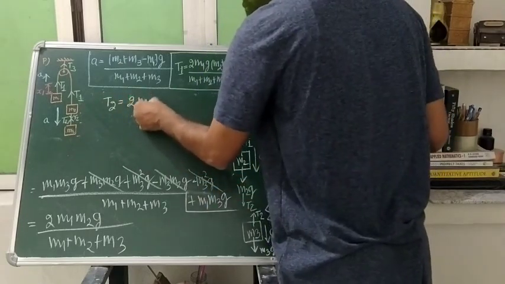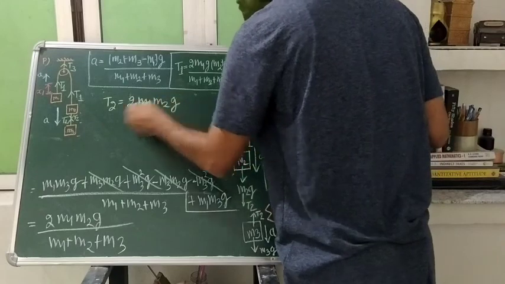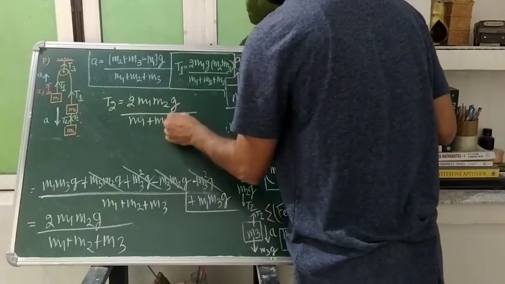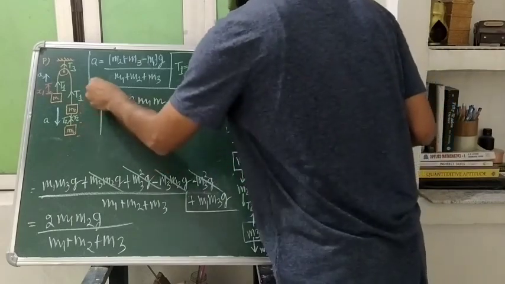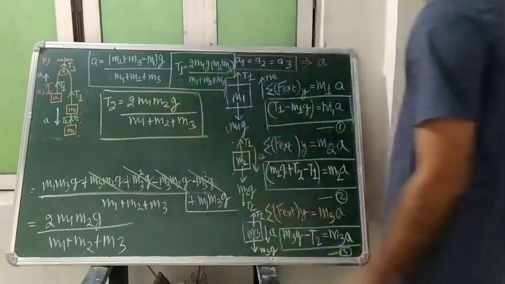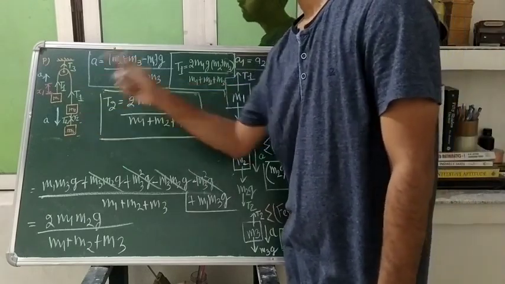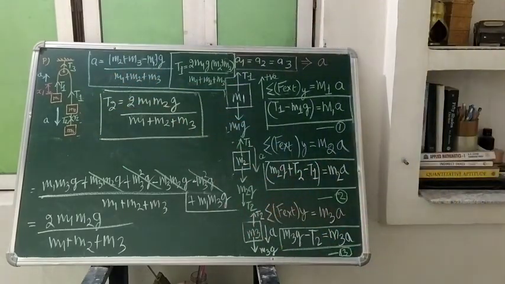Twice of m1 m3 g divided by m1 plus m2 plus m3 here. Getting it, student? So we have come to know what is the tension in this string and the tension in this string. Okay? You can take this screenshot now. Is it visible now? I think.